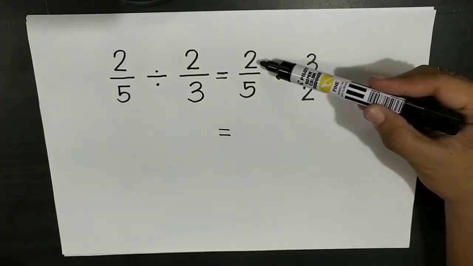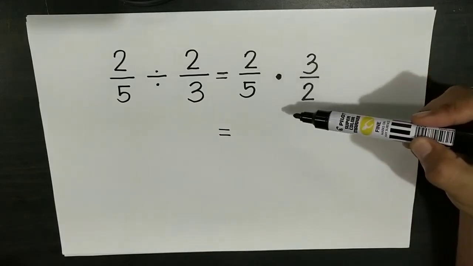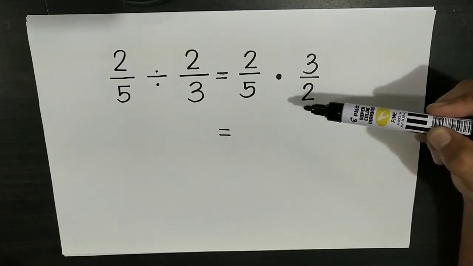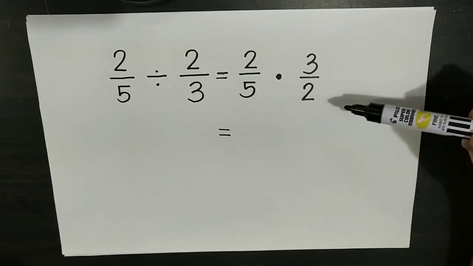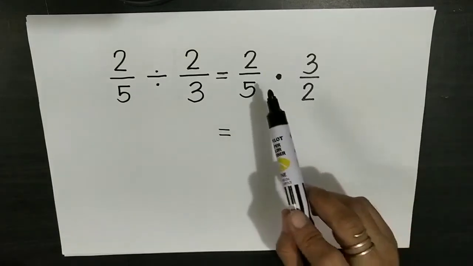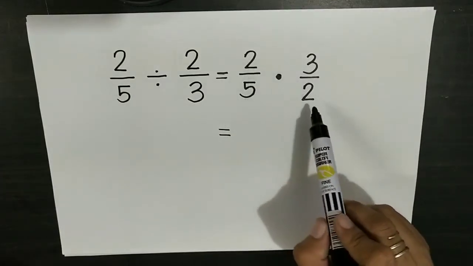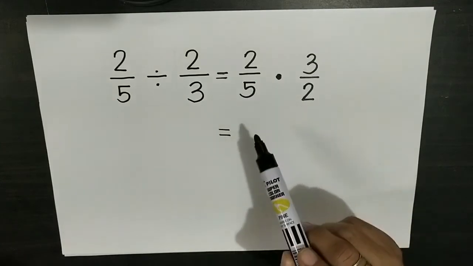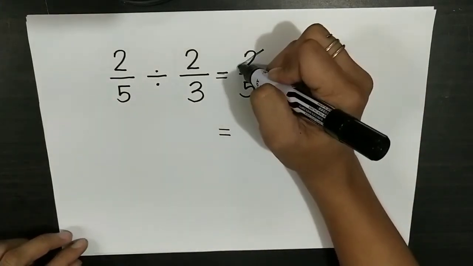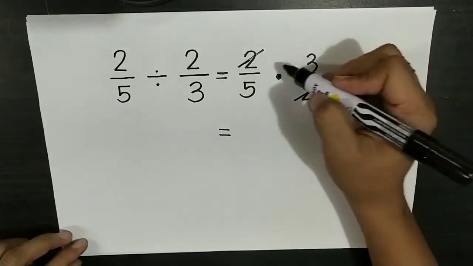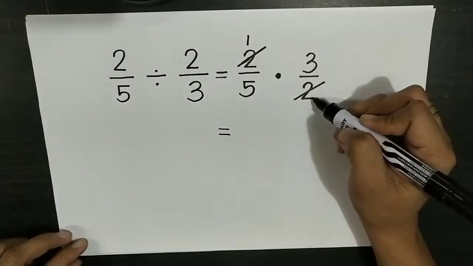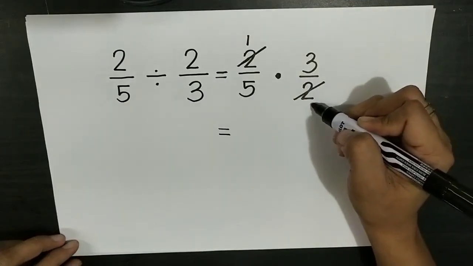We have to cancel out all the common factors that we can have in our problem. In this example, we have 2 in the numerator and 2 in the denominator, so this can be crossed out. The greatest common factor of 2 is 2, so we divide 2 by 2 equals 1.